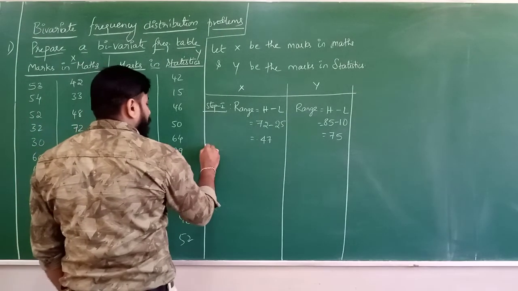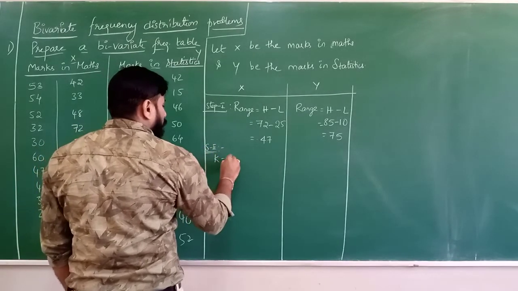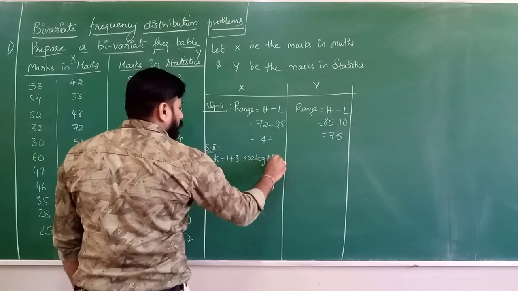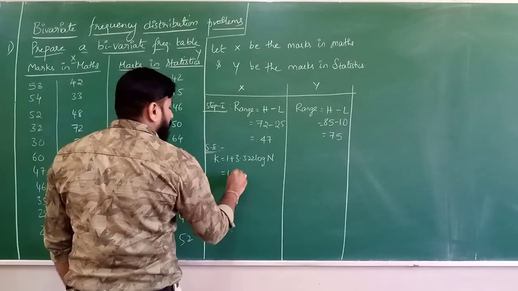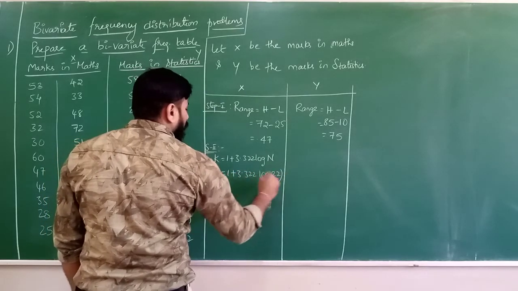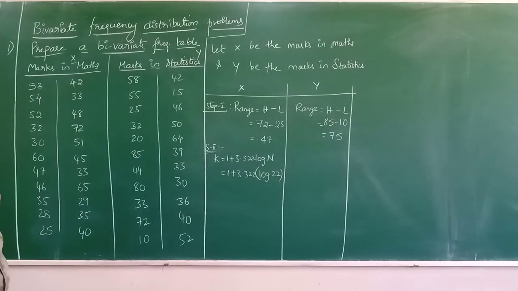Next, step 2: k equals 1 plus 3.322 log n, so 1 plus 3.322 log 22. Finding the number of classes is common to both sides.